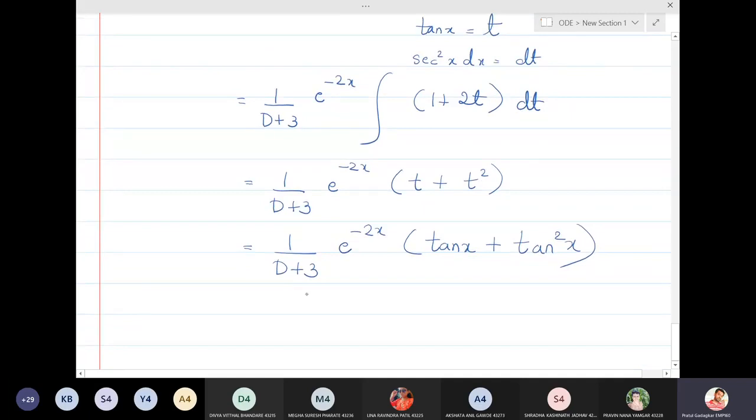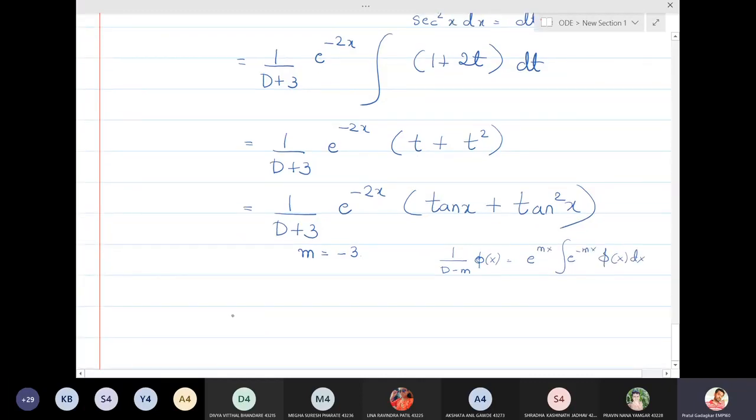Now I will apply here the formula for m equal to minus 3. What is the formula? I will write the formula here. 1 upon D minus m phi x is equal to e raised to mx integration e raised to minus mx phi x dx, which is equal to e raised to minus 3x, because m is minus 3, integration e raised to plus 3x into phi x.